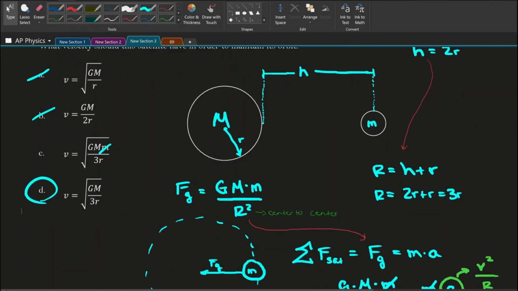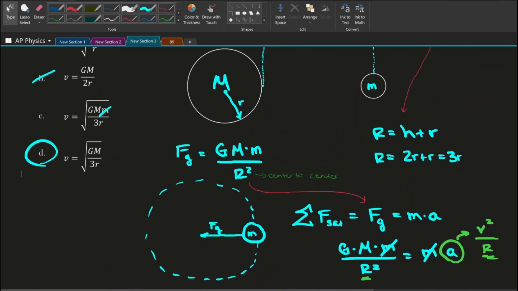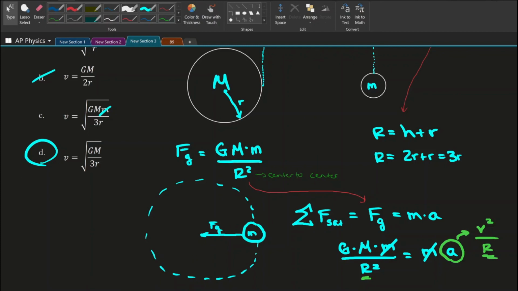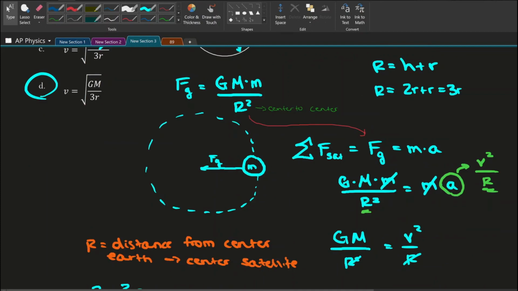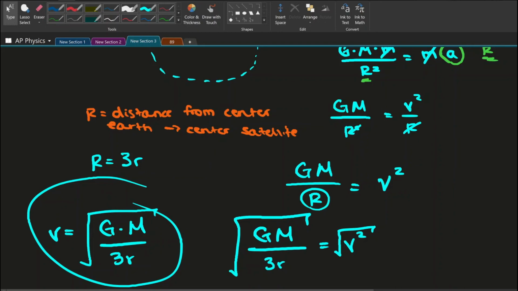This big R here is center to center of mass, which is the same R that you use in your centripetal acceleration. So we know that we did a sum of forces on the satellite. The only force acting on the satellite was the force of gravity, and that equals mass times acceleration. And because it's traveling in circular motion, we know that the acceleration is equal to the velocity squared divided by the radius. And we solved for velocity to get this expression.